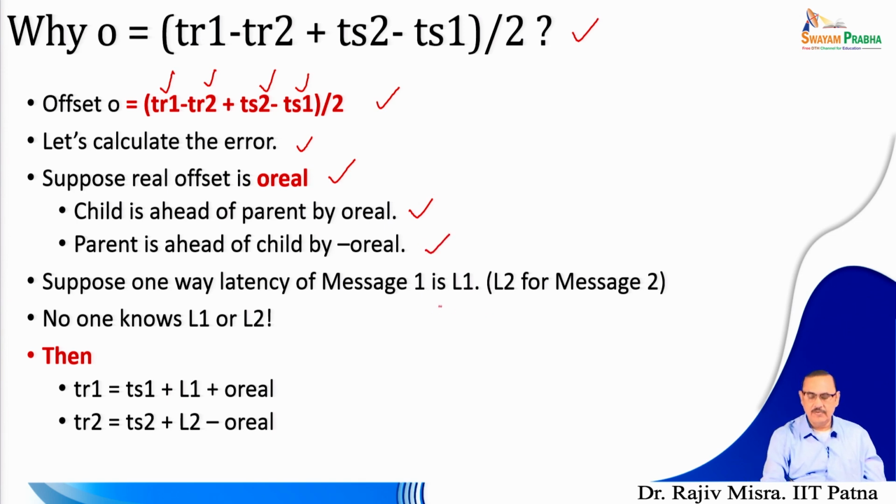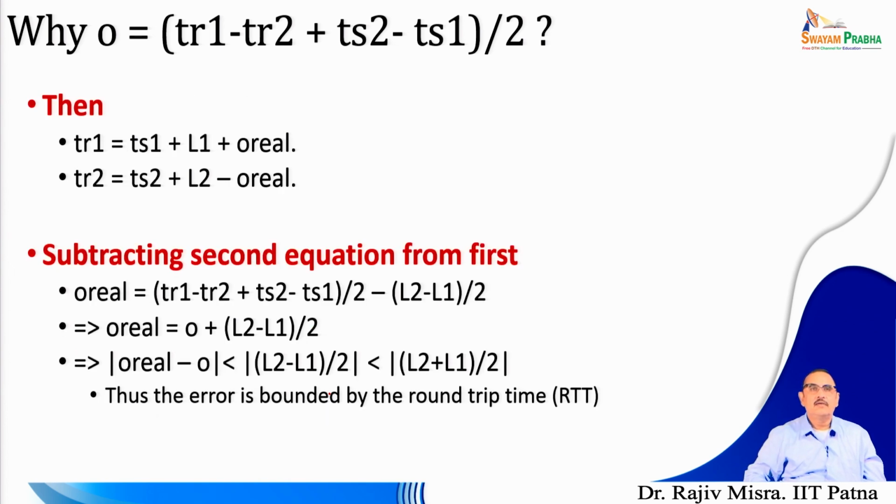Suppose the one way latency of message 1 is L1, and no one knows about L1 or L2, then we are going to calculate TR1 and TR2 using these two equations, and then using these two equations we are going to solve, and we will obtain O real, and this particular factor becomes the offset that we have already seen.